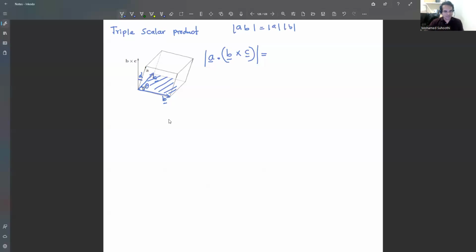First I'm going to write the B cross C magnitude: magnitude of B vector, magnitude of C vector, sine theta.